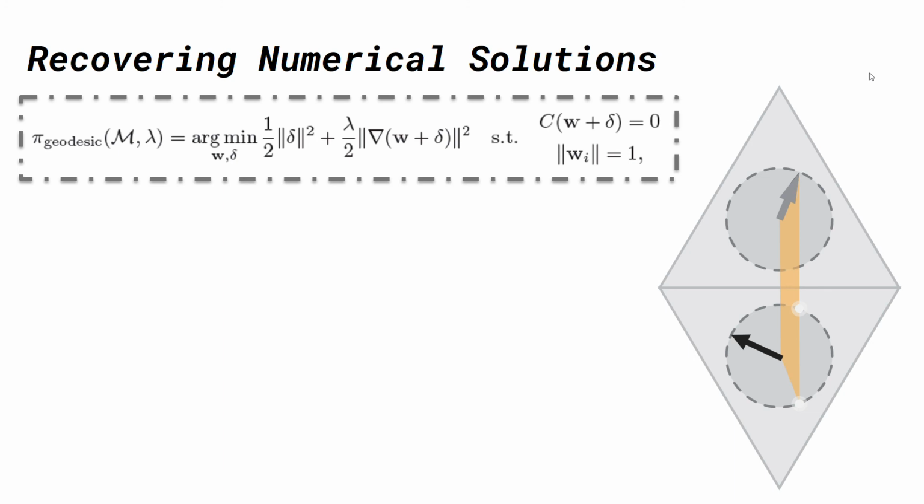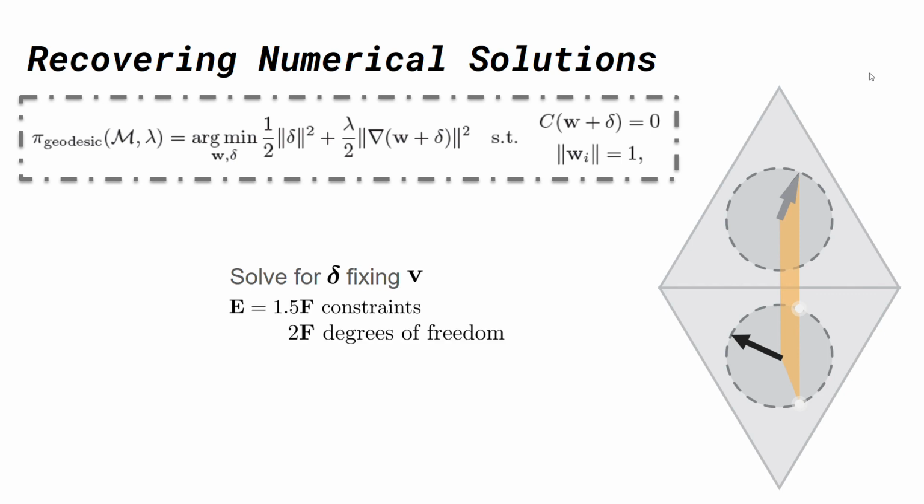Well, it turns out that the way that this problem is formulated, it splits very nicely. You can first solve for delta while fixing the input vector field, and this is a convex problem. If you look carefully, it's just a linearly constrained quadratic program.